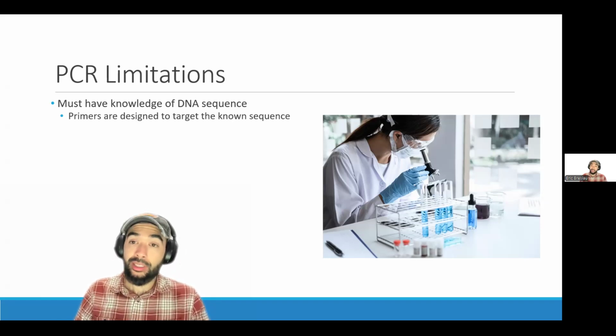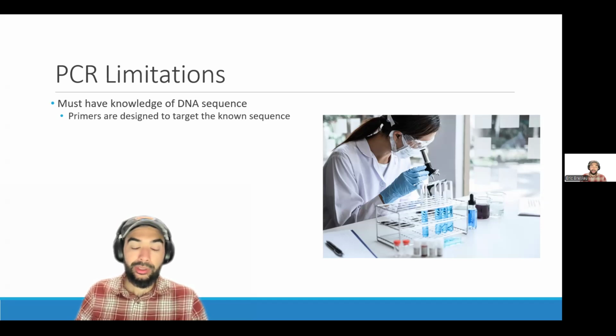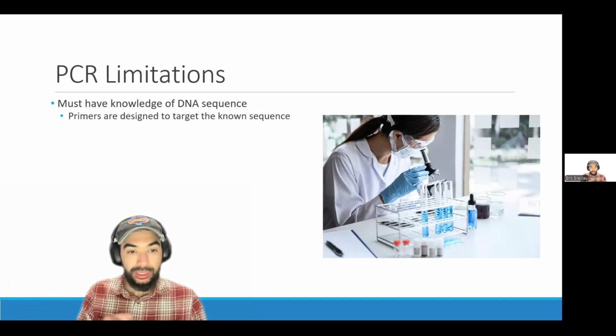The reason for that is because those primers we design in a lab, we design them based on knowledge of the sequence. If we don't know the sequence of nucleotides of the gene we're interested in, or that fragment of DNA, we can't design primers because primers have to be complementary to the sequence that we're going to amplify. That's a huge limitation. Unknown sequences can't use PCR with.